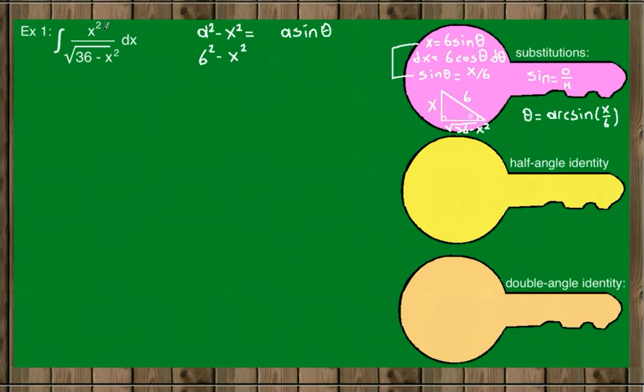Now we're going to substitute all x's with 6 sine theta. So instead of x squared here, we're going to write 6 sine theta squared. And in the bottom, we have x here. So we're going to substitute it with 6 sine theta as well. And instead of the dx, we're going to substitute the dx here, which is 6 cosine theta d theta.